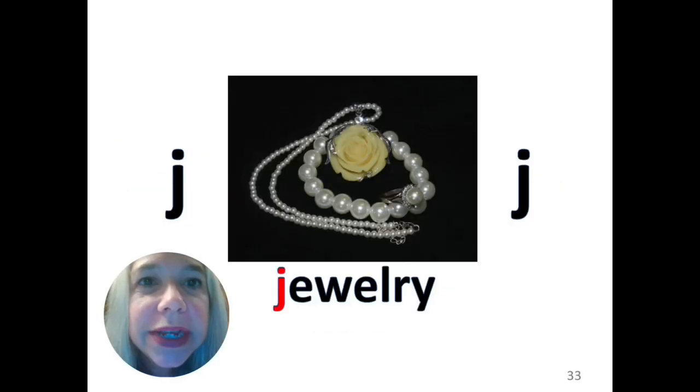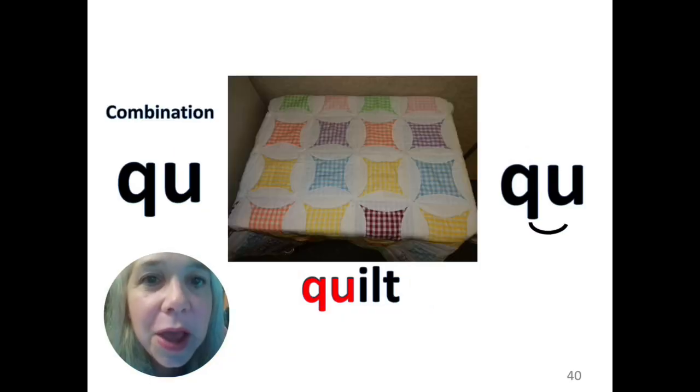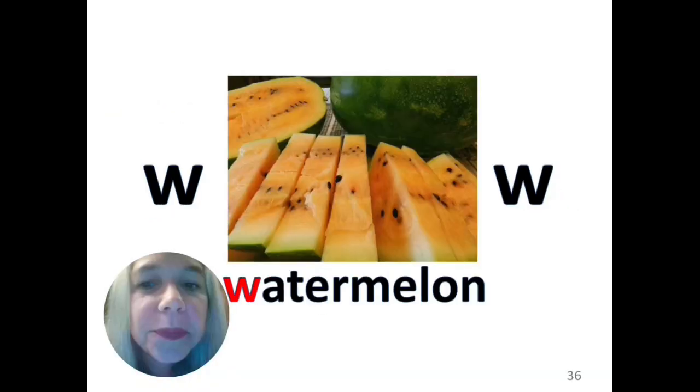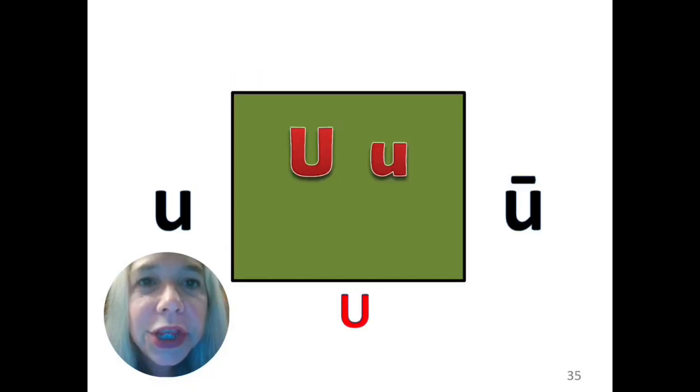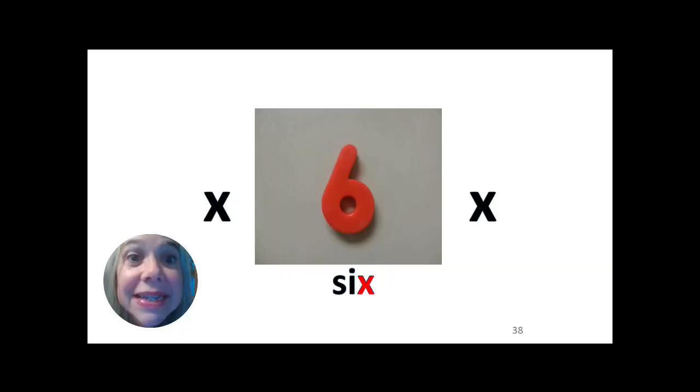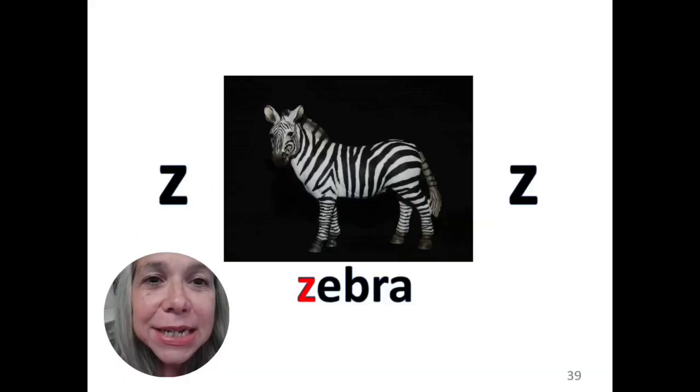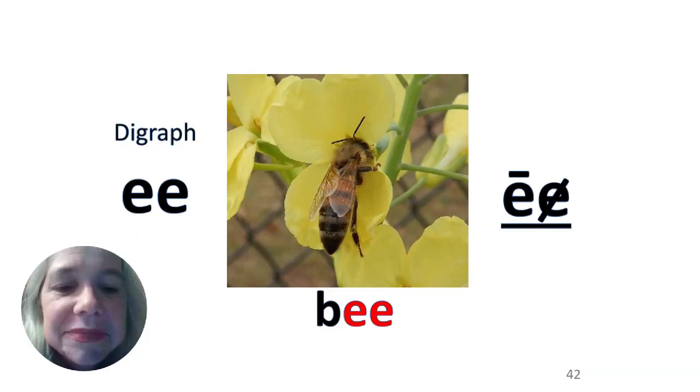J, jewelry, j. Combination qu, quilt, qu. W, watermelon, w. U, umbrella, u. X, six, x. Z, zebra, z. Digraph ee, bee, e.